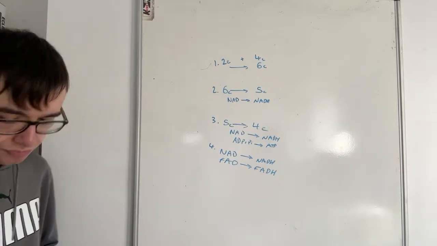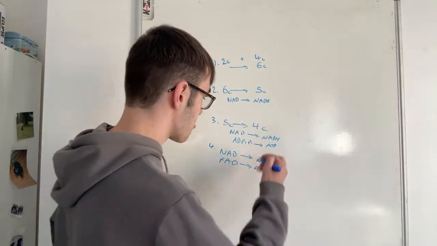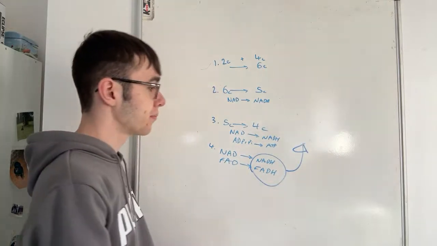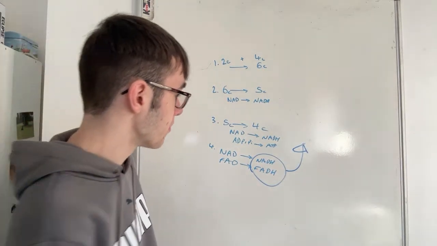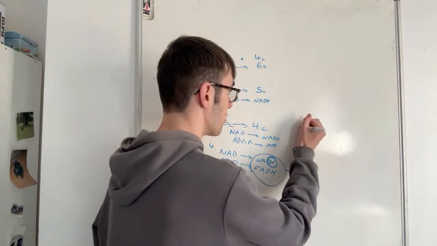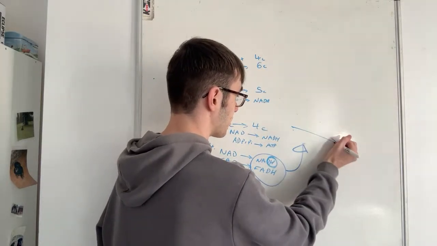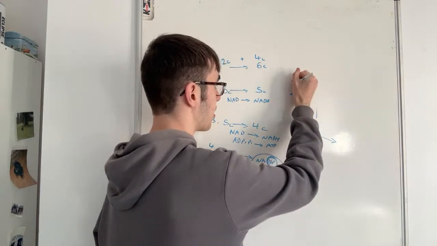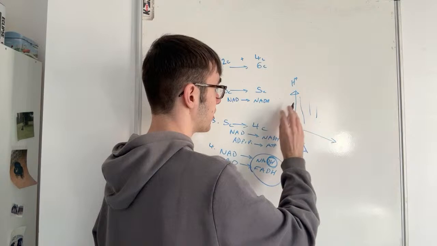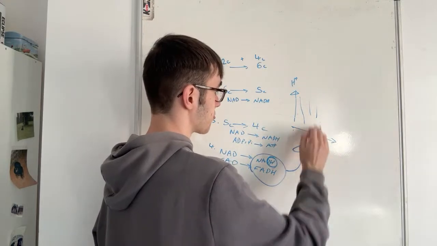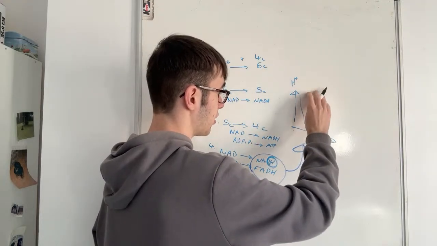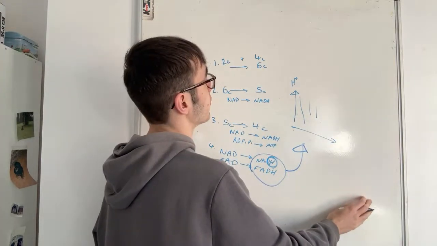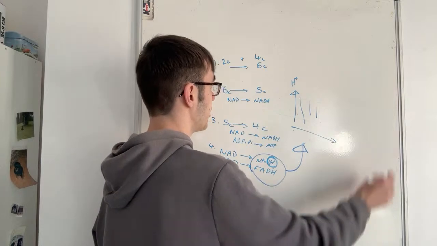Obviously, then you can easily yap about this in relation to oxidative phosphorylation, where the hydrogen is donated to the electron transport chain. It travels down, releasing energy. This energy causes H+ ions to diffuse through the mitochondrial matrix membrane.